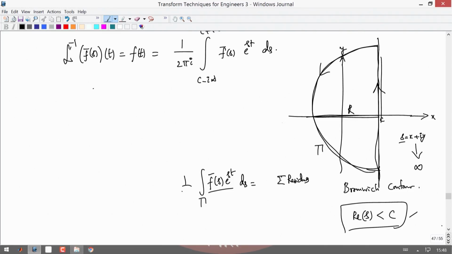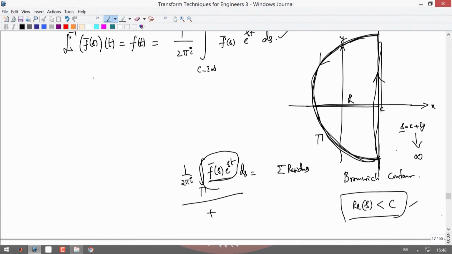So you have to calculate this integral, your actual integral plus the integral over the arc. Because of the nature of this function, the integral over this contour vanishes. So what remains on the left hand side is what you need, the integral from c minus I infinity to c plus I infinity, which equals the summation of all the residues.